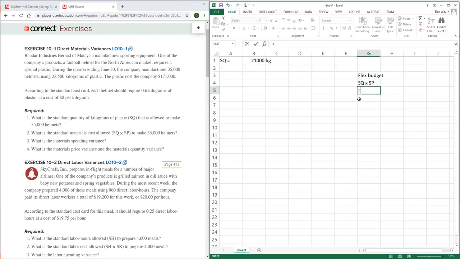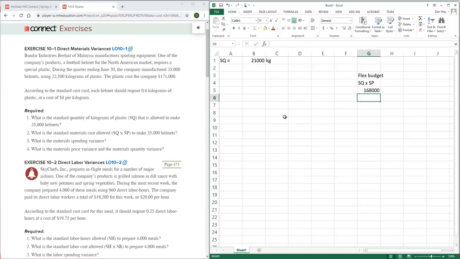So here, that's the 21,000 kilograms. And that stuff we were told had a standard cost of $8 per kilogram. So the standard quantity by the standard price would be $168,000.